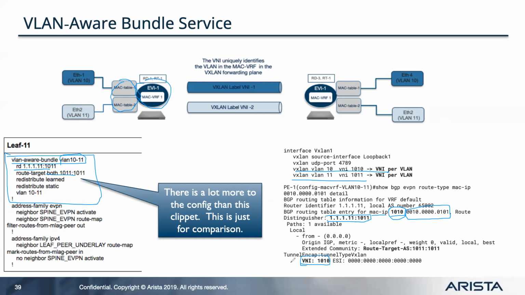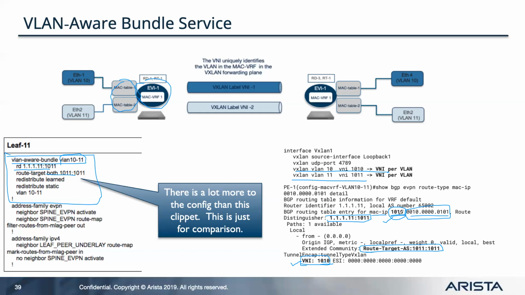So this will help us at the other end: when the other end receives this route, this 1010 will tell us which VLAN this MAC belongs to, because RD and RT are the same for both VLAN 10 and 11. So this VNI will tell us which VLAN this MAC belongs to.